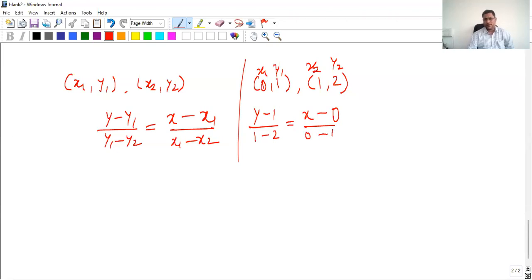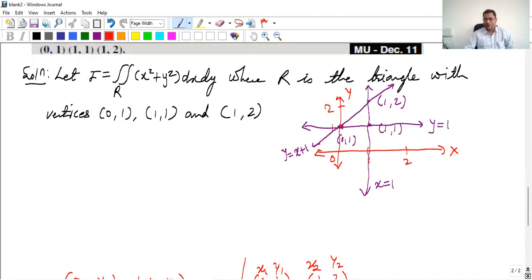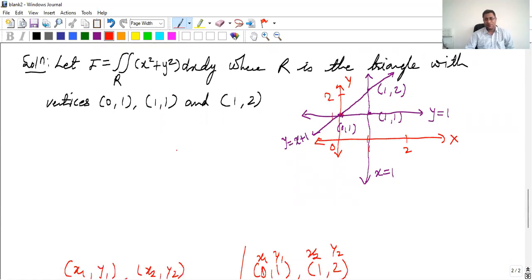So 0 minus 1. If you simplify, (y minus 1) upon minus 1, and this is x upon minus 1. So y minus 1 is equal to x. So that means y is equal to x plus 1. This is what exactly we have used here. Are you getting this now? Okay, so the lines y is equal to 1 and x is equal to 1 are easy to guess or easy to understand.